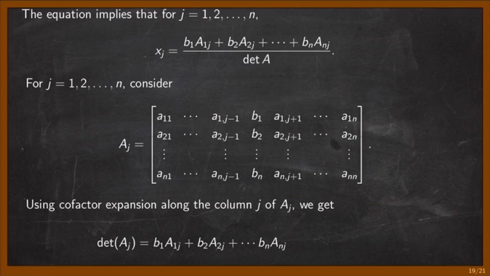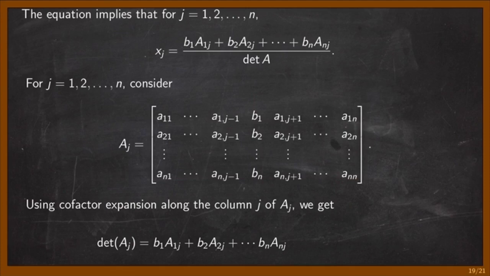If we try to evaluate the determinant of A_j and expand it along this column, you see that the cofactor expansion is just b1 times the cofactor of a1j, plus b2 times the cofactor of a2j, where the entry here is b2, plus, and so on, b_n times the cofactor of a_nj.